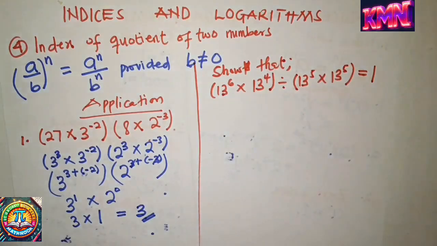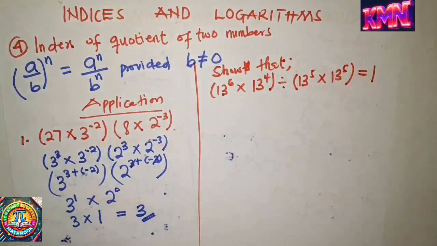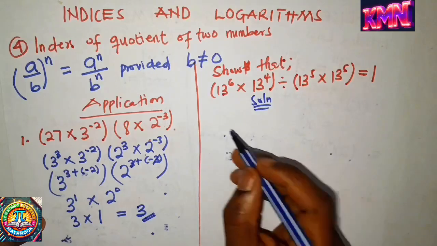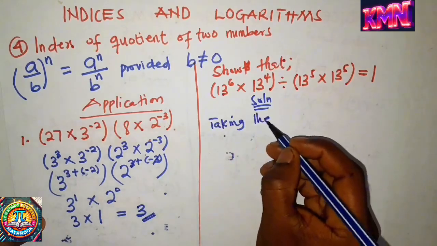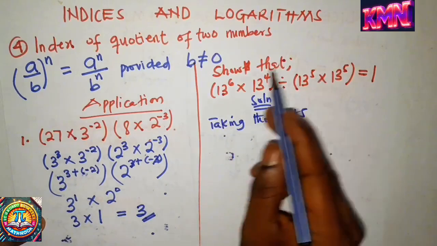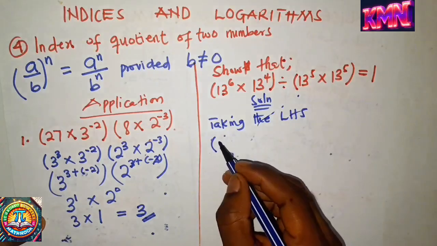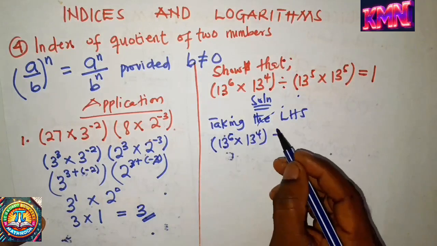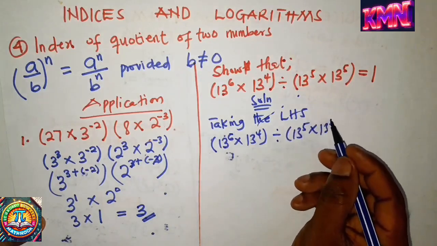This one should show that the left hand side is equal to the right hand side. Let's look at the solution. Taking the left hand side, we are going to prove that it's equal to the right hand side. We get 13 exponent 6 by 13 exponent 4, dividing 13 exponent 5 by 13 exponent 5.